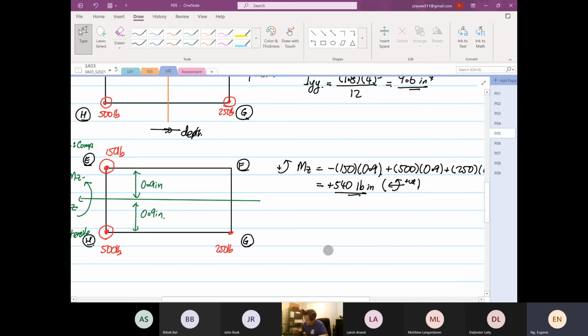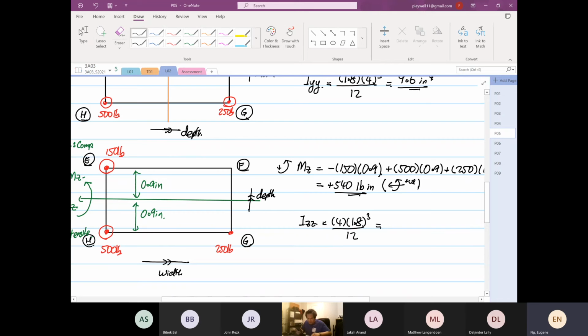Okay, so again, from here we have to find IZZ. Anything that's parallel to the axis is the width, and any geometry that's perpendicular is going to be the depth. So the width is equal to 4 multiplied by 1.8 cubed divided by 12. You can't go wrong.